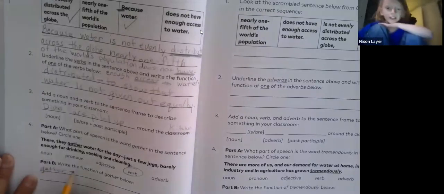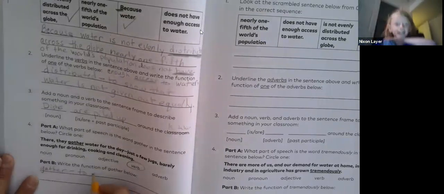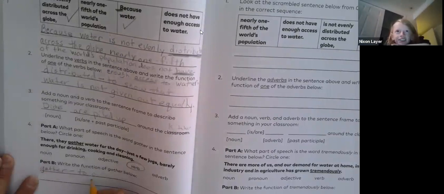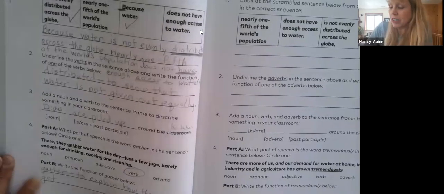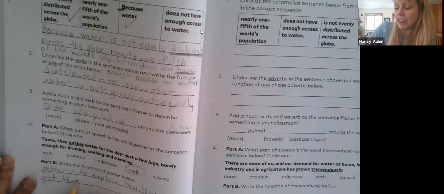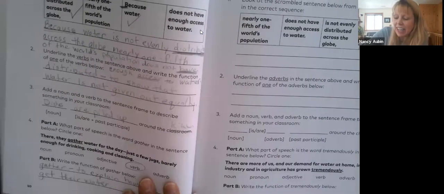It means like taking it, like getting it and like go and get a lot of it. Okay, so get, right? Gather, to explain how they get their water. That's the function, right? That's what it's being used to explain how they get. Gather meaning get.